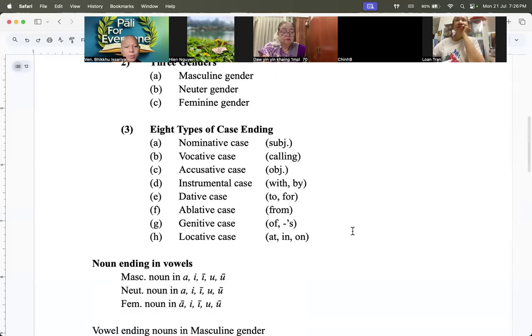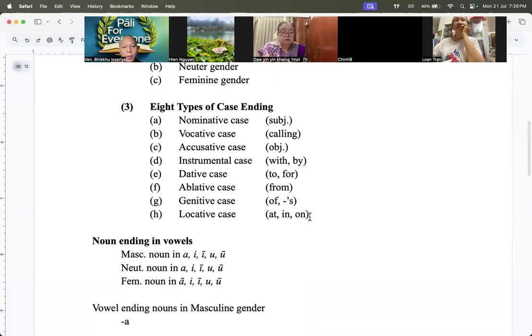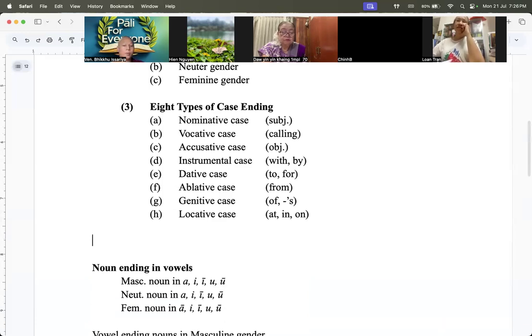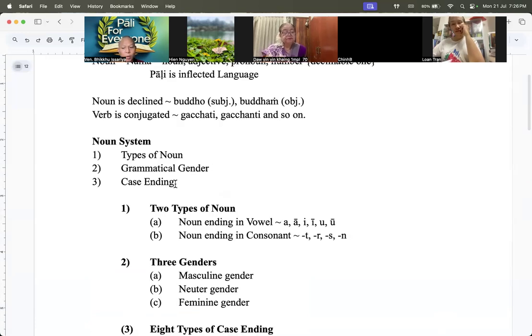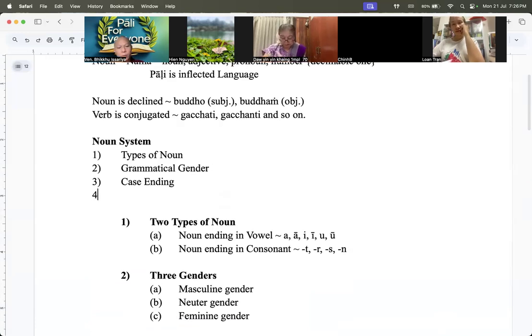One more point: we need to know about number. Number means singular or plural.